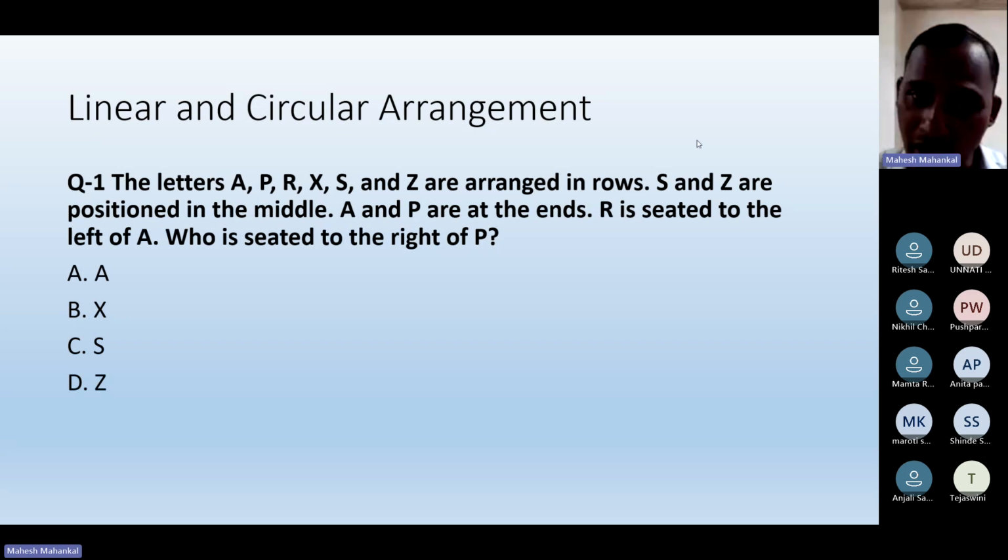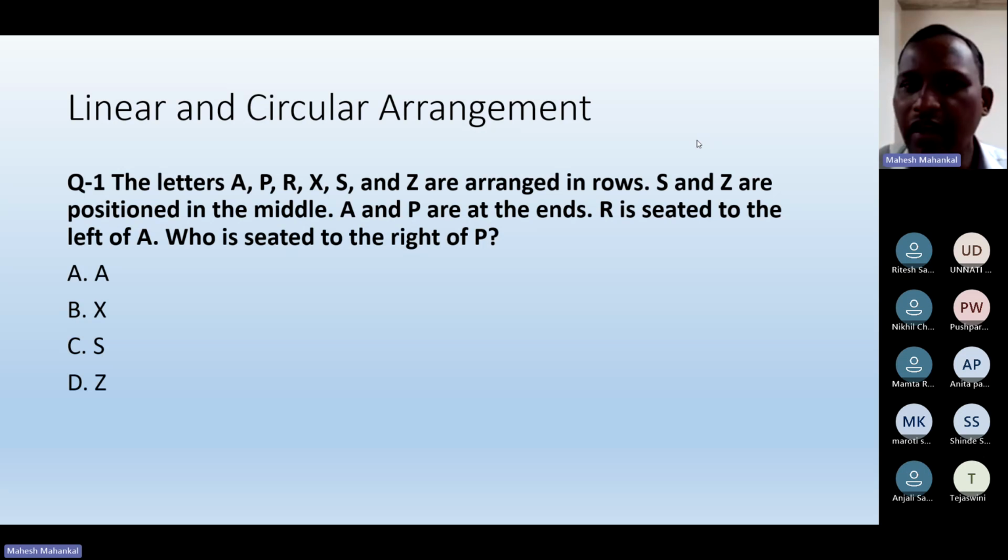According to this, you have to draw a line, or place each alphabet at a particular position, 1 to 6. In one row A, P, R, X, S, Z are seated, 6 members in a row. Then again they have given you statements: S and Z are positioned in the middle, not at an extreme end.